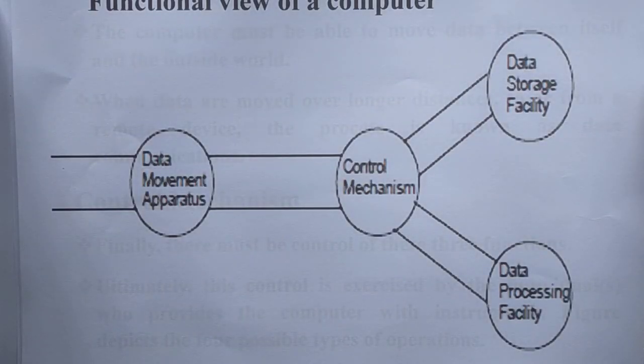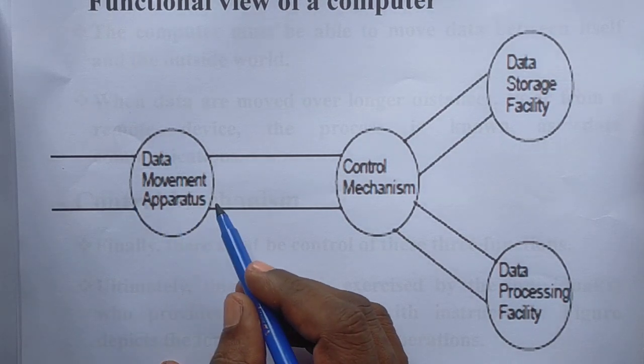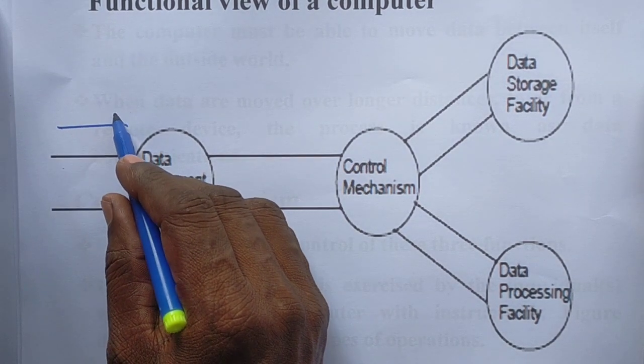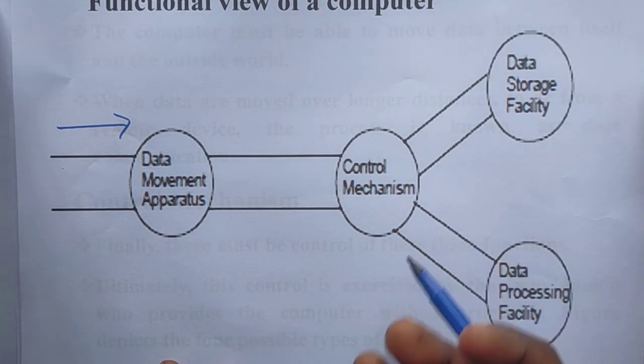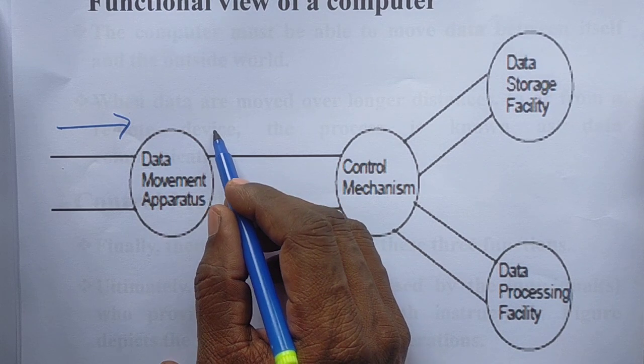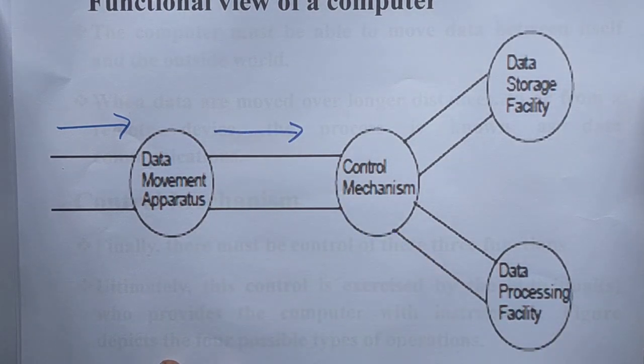If we go through the functional view of a computer system, the design is like this. The data movement apparatus collects data from here and transfers it to other components, and there is a control mechanism that controls the data.